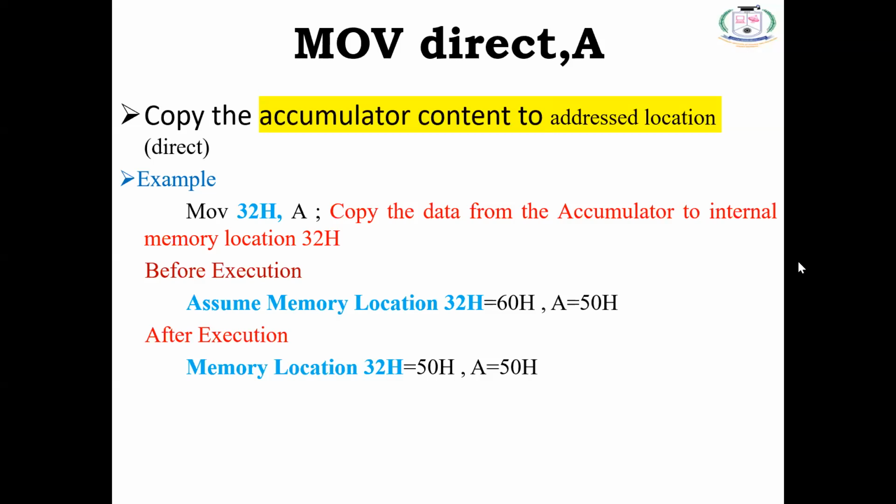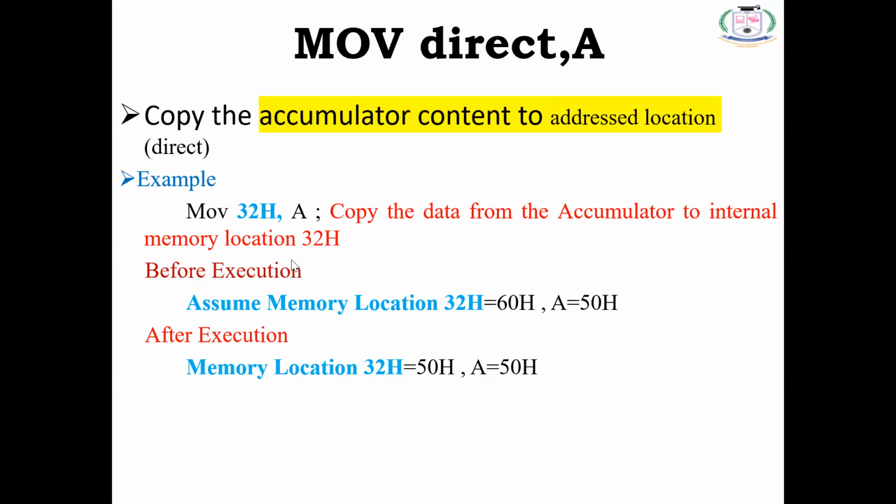Yes, tell me this instruction. Moving 32H to A. I am giving everything clearly. Is it visible to you? Copy the data from the accumulator: I'm moving my accumulator data to direct.